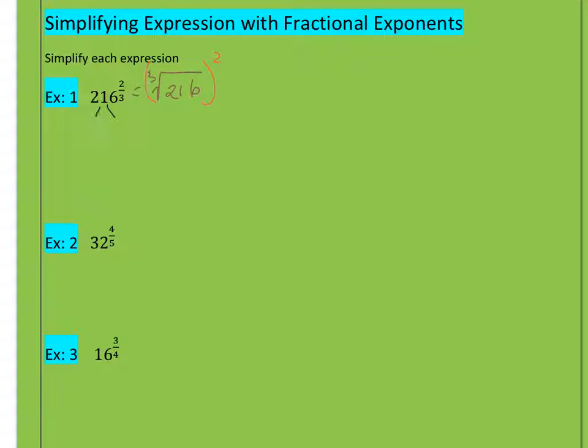So 4 goes into 21 5 times with 1 left over, and 4 goes into 16 4 times. And so then we've got 2 and 2. And 54 is 6 times 9. So that gives us a 2 and a 3.